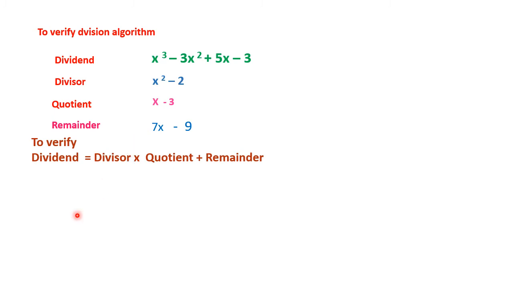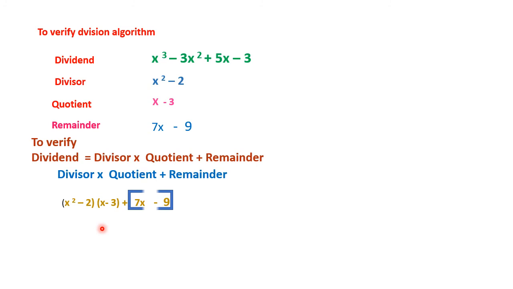So we are going to substitute these values of divisor, quotient and remainder from the data over here. First we'll multiply divisor into quotient, and then we are going to add the remainder. Don't forget that the remainder will be added, it won't be multiplied.